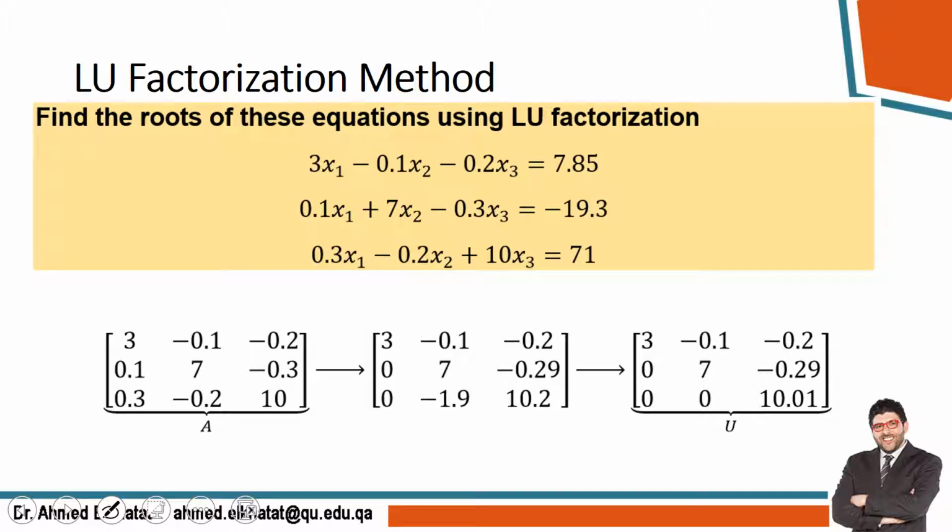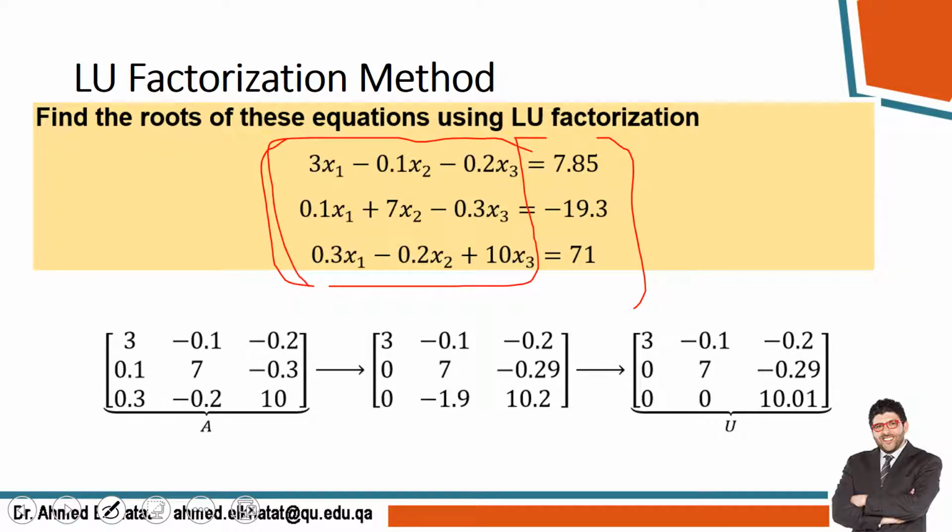So let's take an example. Find the roots of this equation using LU factorization. These are my matrices. I will take the matrix A with 3, minus 0.1, minus 0.2, and so on. Then by forward elimination, it will be converted to the upper matrix.